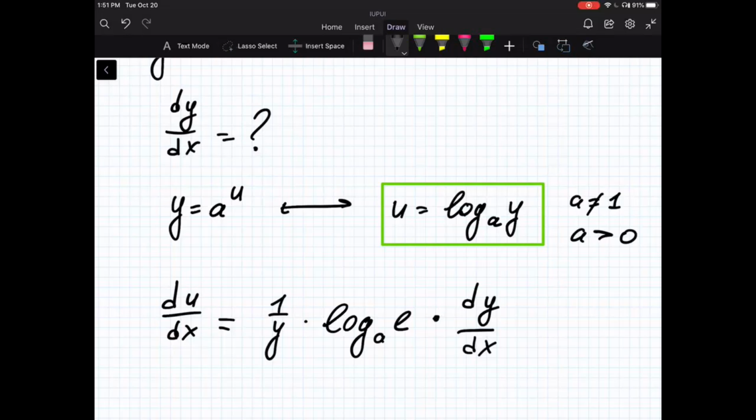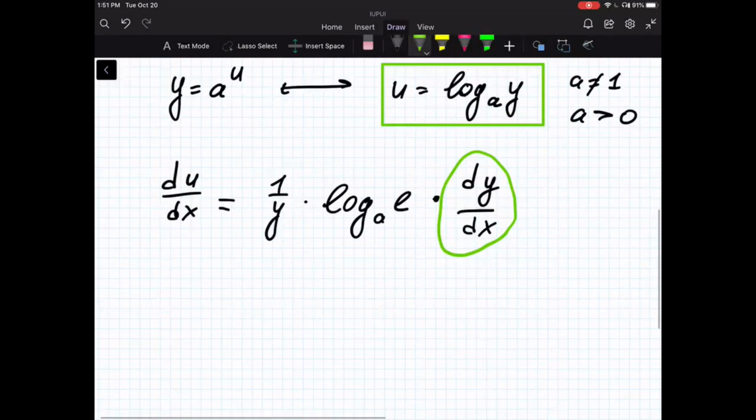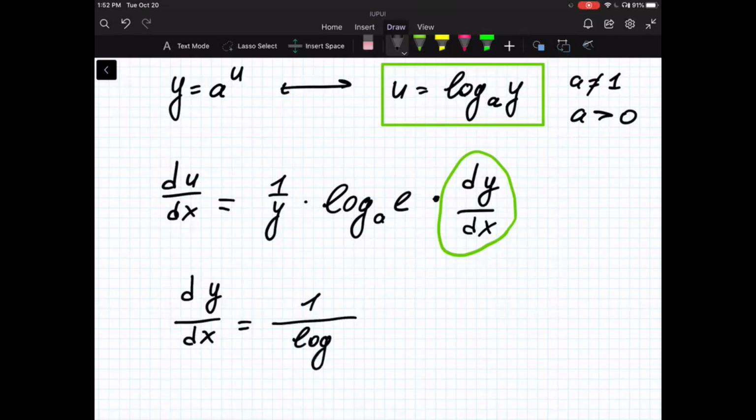But our goal is to express dy over dx. So we get that dy over dx is equal to 1 over logarithm of e with base a times y times du over dx.